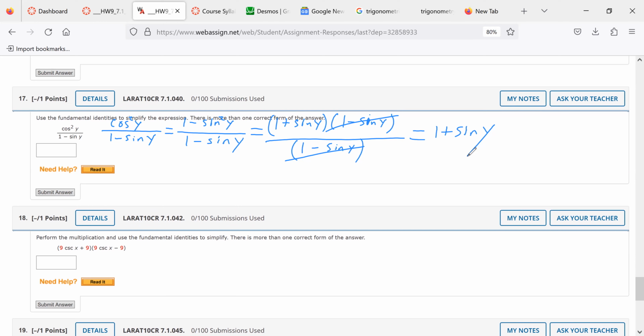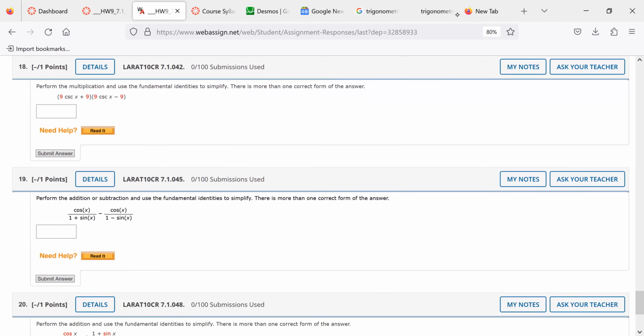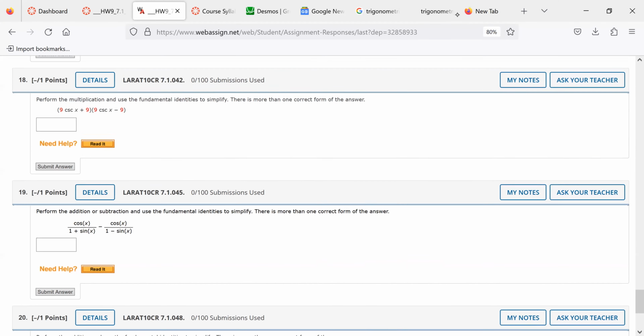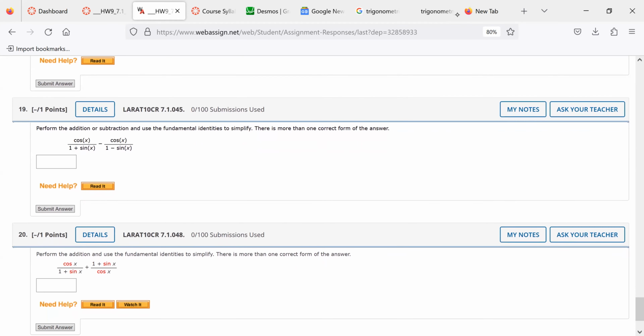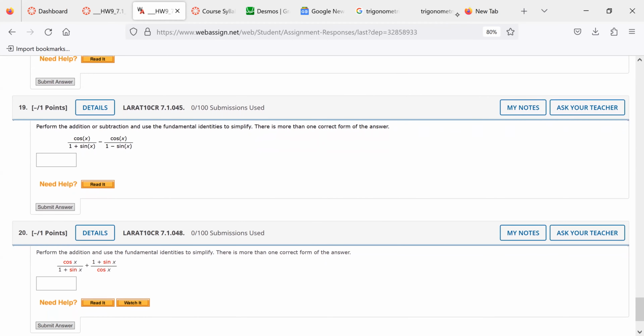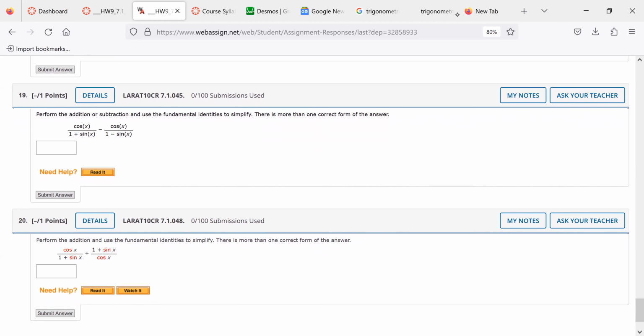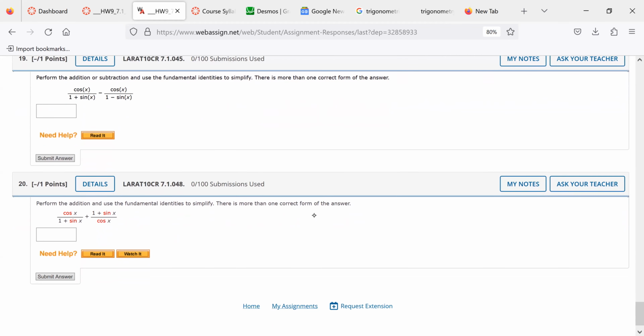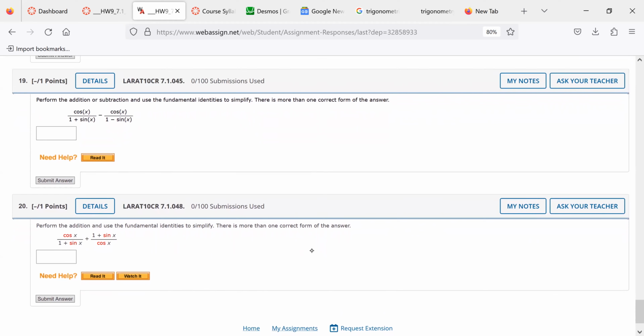Alrighty. Nineteen, just add the fractions and see what happens. Or I guess subtract, but you know what I mean. 20, same deal. 19, 20, just add them up.